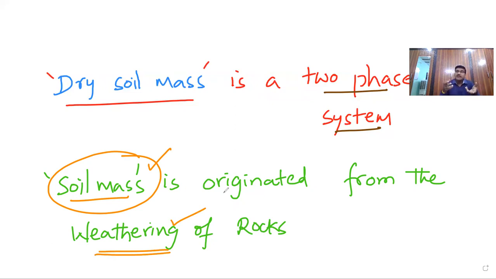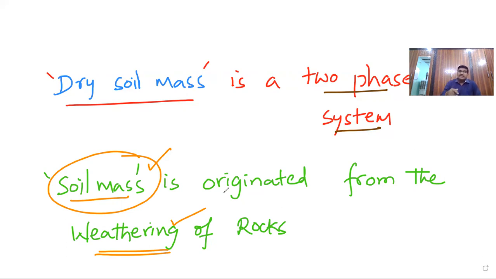What is this weathering? Weathering is nothing but breaking up of a rock into the smaller pieces, smaller fragments, smaller parts by the attack of natural agents. What are those natural agents? It may be wind, humidity, temperature, tree roots, human beings' actions, flowing water, whatever it may be the agent.